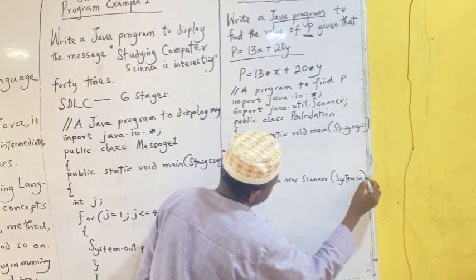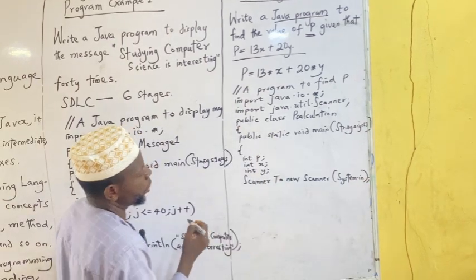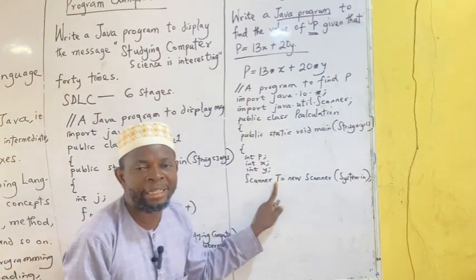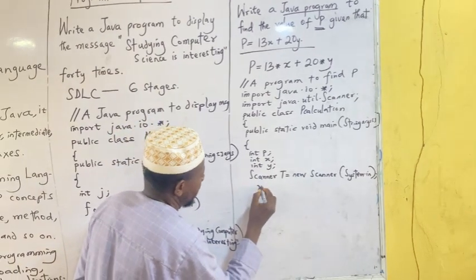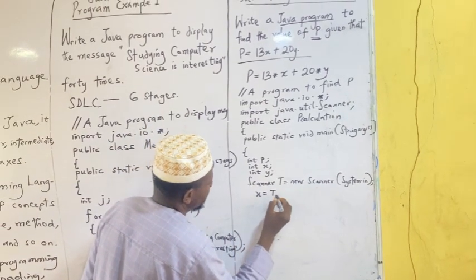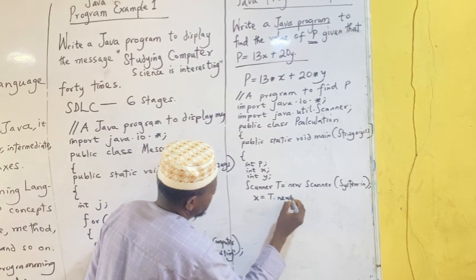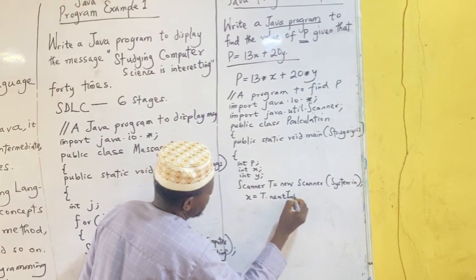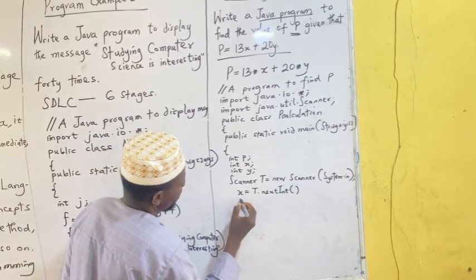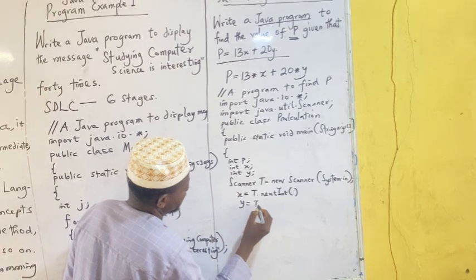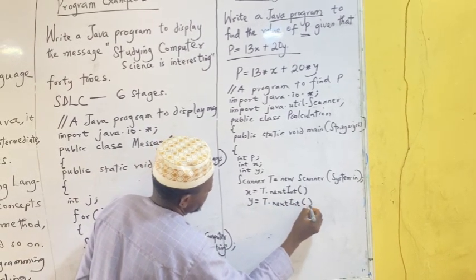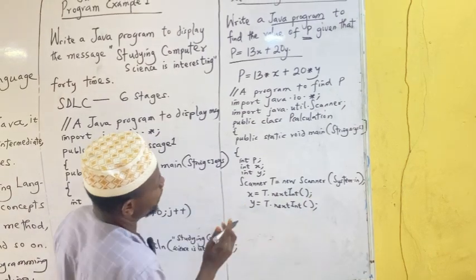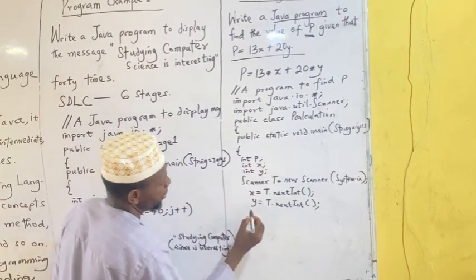We create time to explain all this as well. Having done that, I will be using this scanner variable T to be able to supply the value of X and Y. I can say X is equal to T dot nextInt, because I declared my X to be an integer variable. Y is equal to T dot nextInt as well.